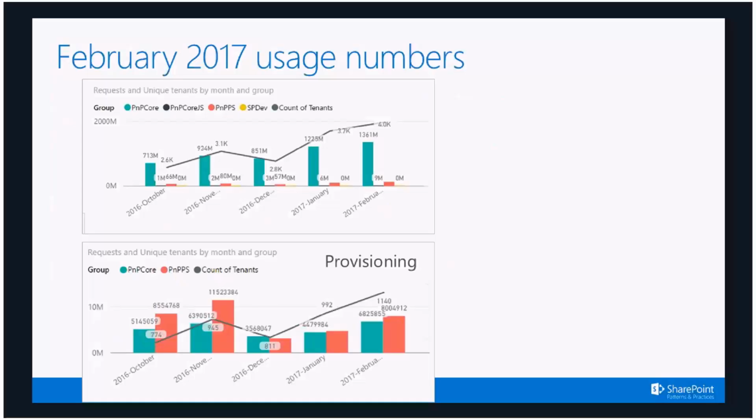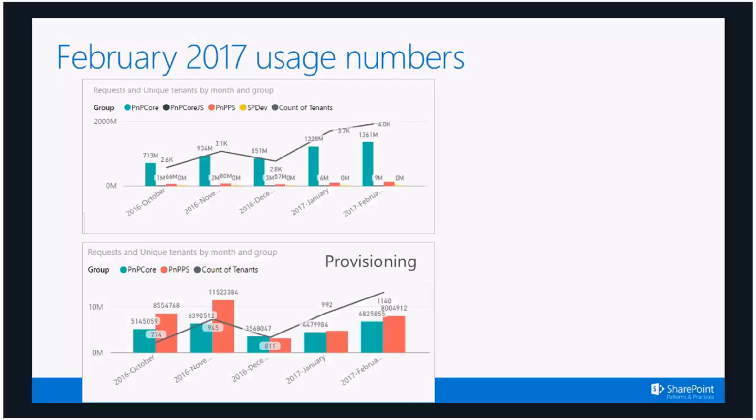You can see that slightly more people are using the PnP PowerShell to provision sites and apply templates to SharePoint Online using the provisioning engine, rather than using managed code in Visual Studio. Technically, the PnP PowerShell is using the core component in the background as well, but we are differentiating this within our metrics, so we're able to understand the balance between managed code and PnP PowerShell usage.